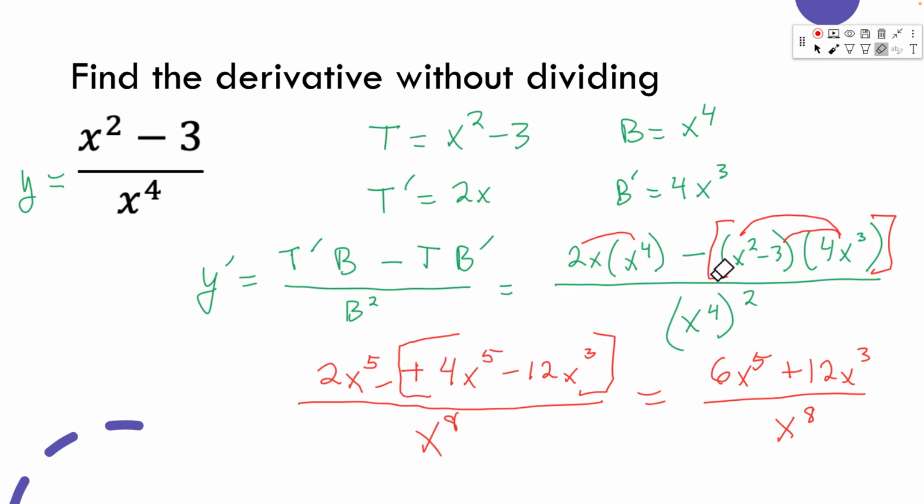So I applied it here, but I didn't apply it on the second one. Some days are like this. So this becomes negative. So this is going to be a negative 2x to the fifth.